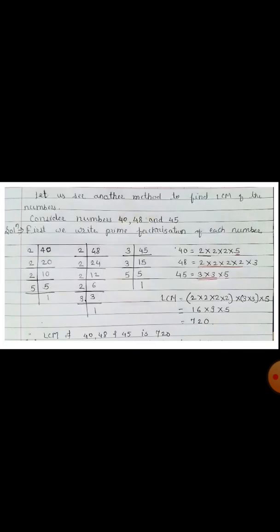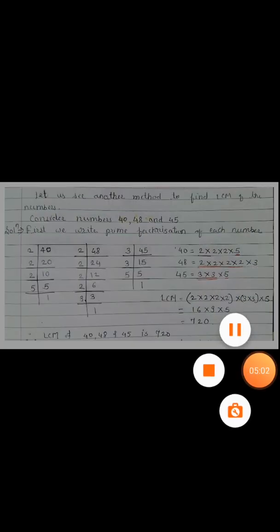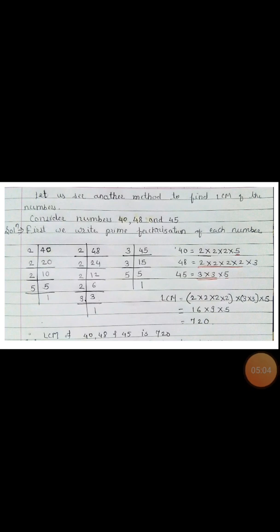There is another method to find LCM of the numbers, that is prime factorization method. Consider numbers 40, 48 and 45. First we write the prime factorization of each number. First number is 40. You know that 40 is an even number as there is 0 at its ones place. So it is divisible by 2. Divide 40 by 2. The quotient will be 20.